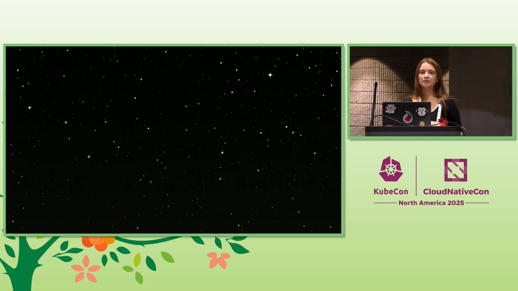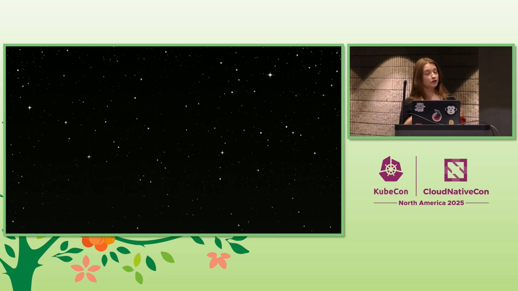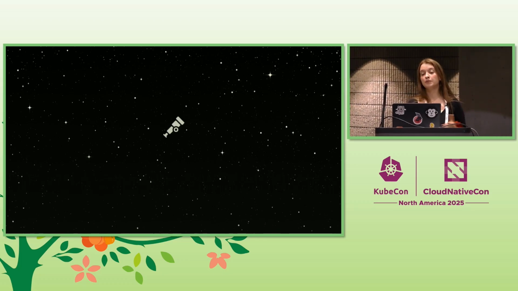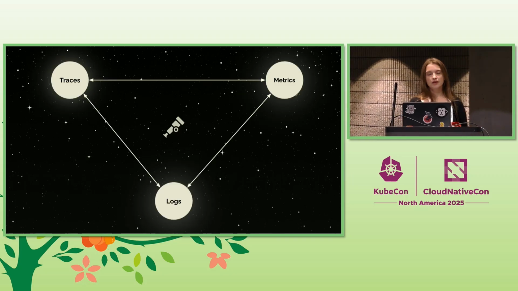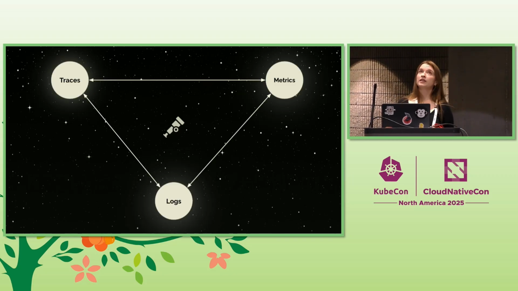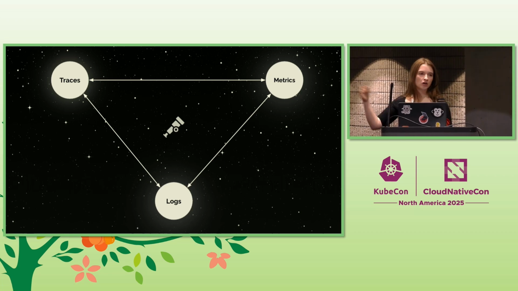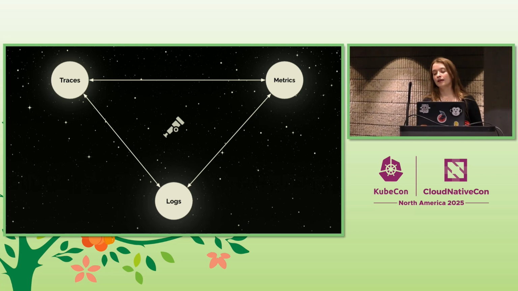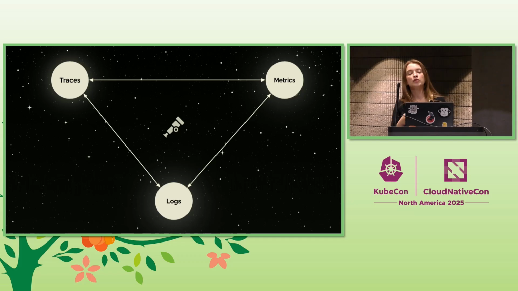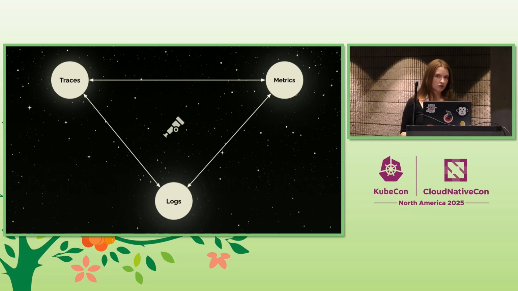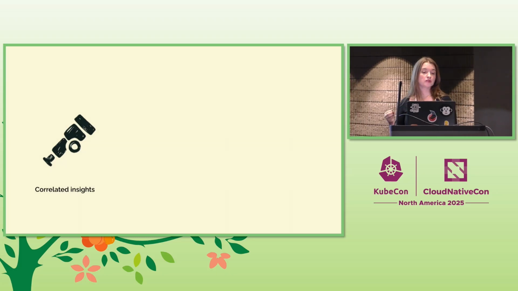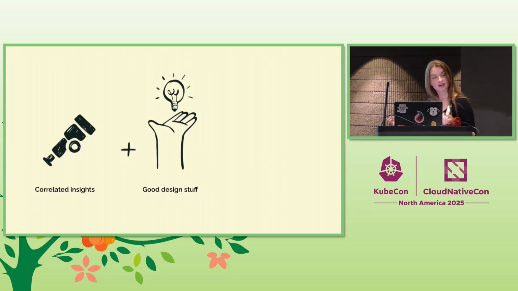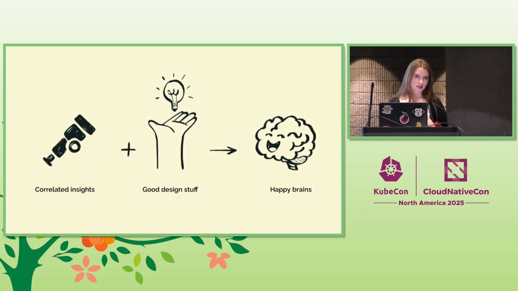And now, after the pain, the good news is that we're shifting, thanks to tools like OpenTelemetry, from isolated signals to correlated insights. That probably means the end of the eternal tab hopping that we just mentioned, and also the possibility to have the full picture of what's going on with your systems. And when these correlated insights meet good design, we finally get clarity.